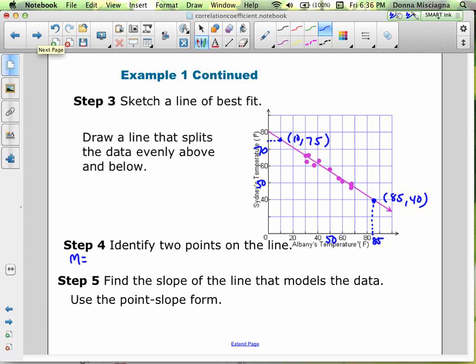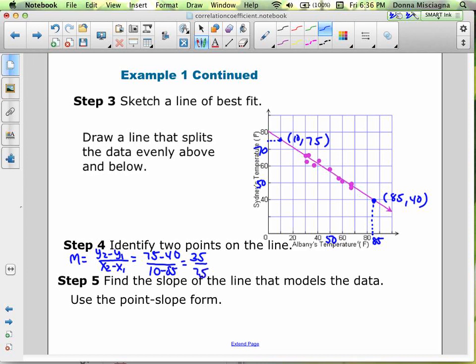All right, so we take the difference in the y's. Let's just write that down so you remember. Difference in y coordinates over difference in x coordinates is going to be 75 minus 40 divided by 10 minus 85, which is going to be 35 over negative 75.